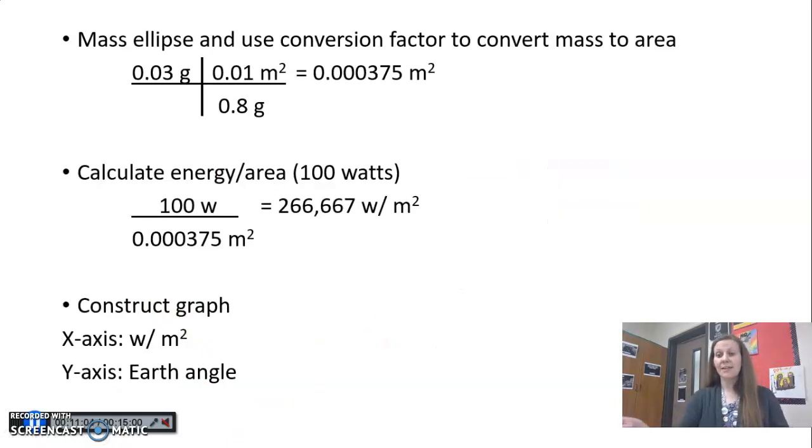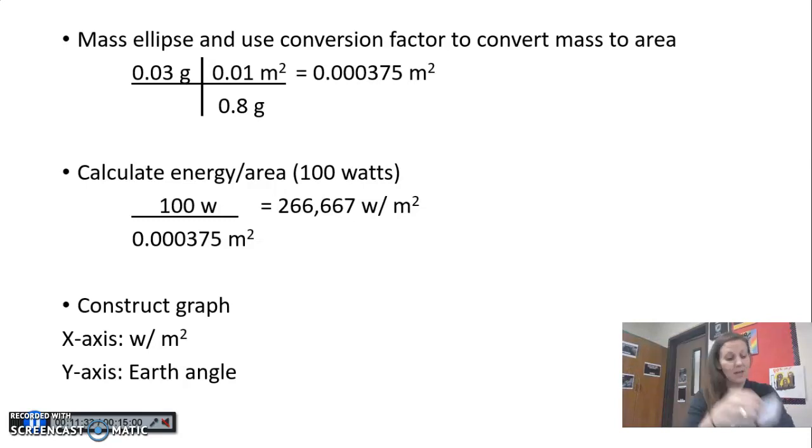Next. After you get all of your ellipses cut out, you are going to find the mass of the ellipse and use a conversion factor to convert the mass to area. This is how you find your area. This is the easiest way to do that, because we have this conversion factor that you found using your known.